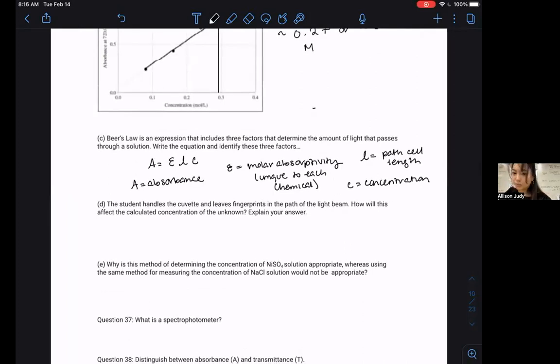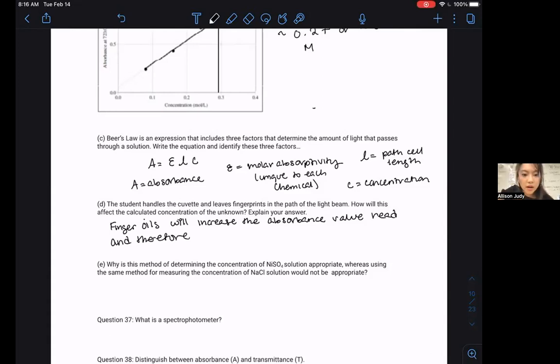So remember, if you have fingerprints in the path of the light beam, finger oils will increase the absorbance value reading, and therefore will result in an overestimated concentration determined.